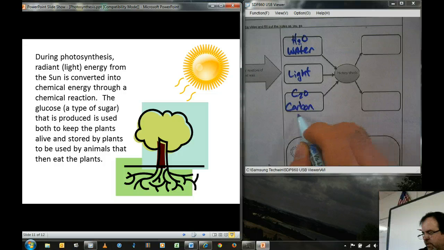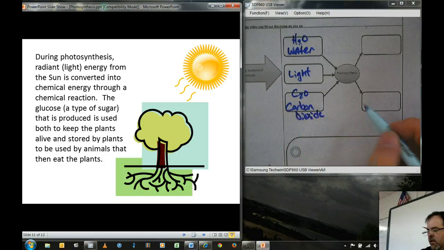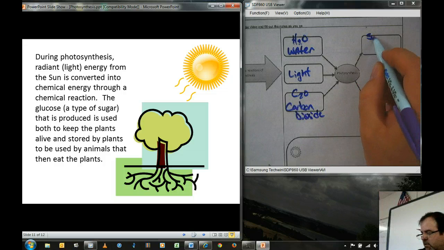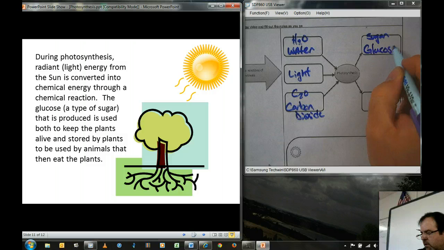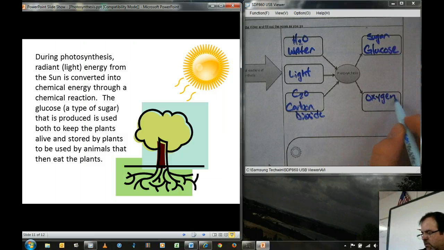I don't know if I'll fit it all in this. No, I'll just put it in there. And through the process of photosynthesis, we get sugar, or glucose, and oxygen. So that's another way to write it.